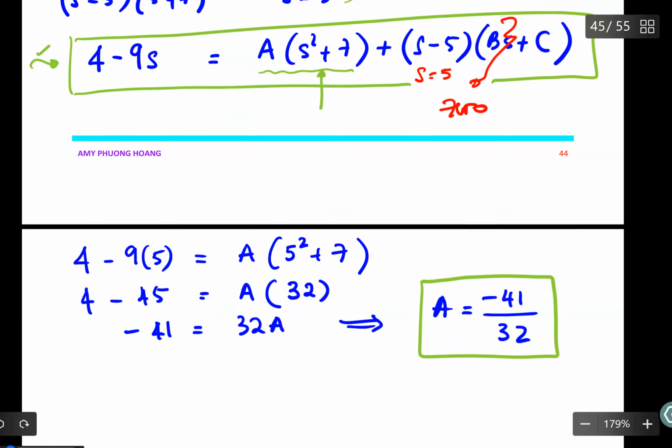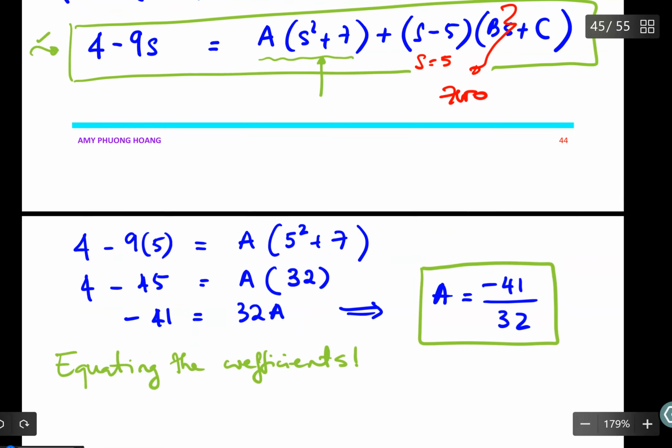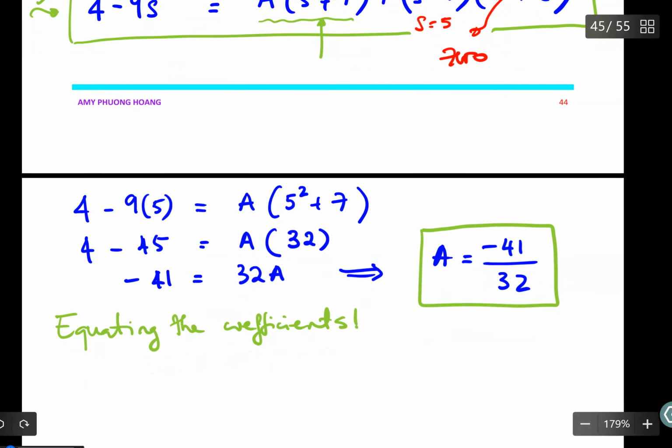So we have to use the method called equating the coefficients. Equating the coefficients, I would like to rewrite what I have.